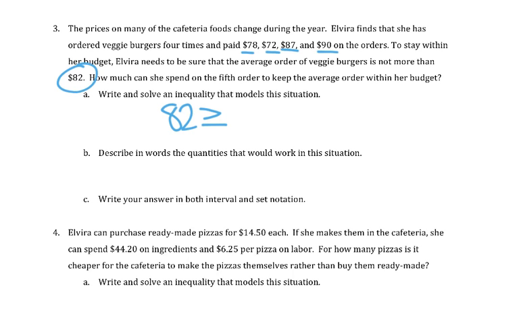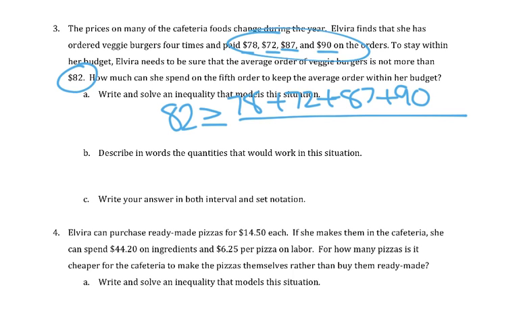Now remember, to find averages, we just add everything up and divide by how many there are. Problem is we only have 4, and we're going to have to order a 5th time, so let's call F the 5th order. So we would average that out and have it over 5.